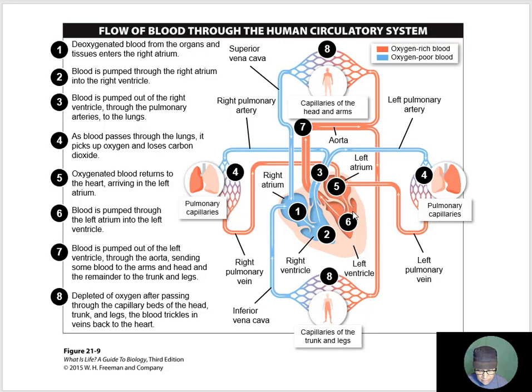We pass the valve here, we go to the left ventricle, and then it gets pumped out into the aorta. And then from there, it goes back to the capillaries of the upper body and also to the capillaries of the lower body, and the circuit basically starts all over, right?